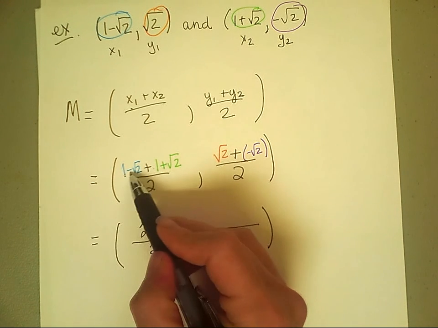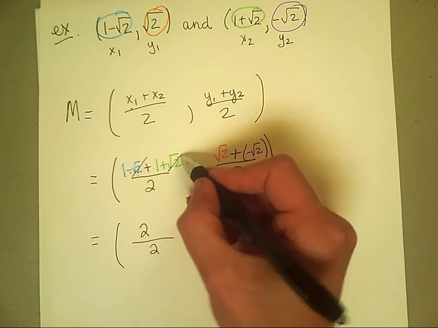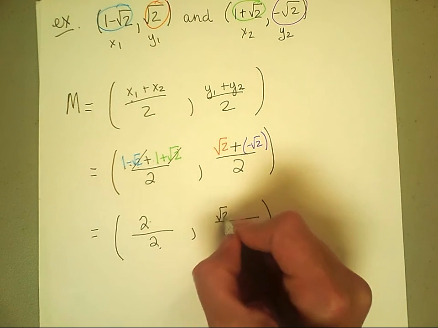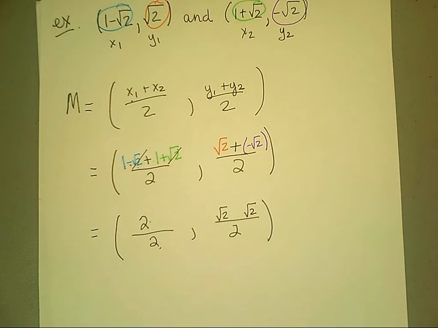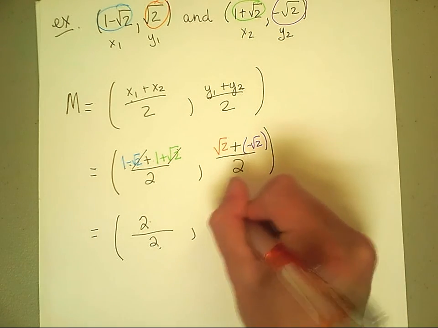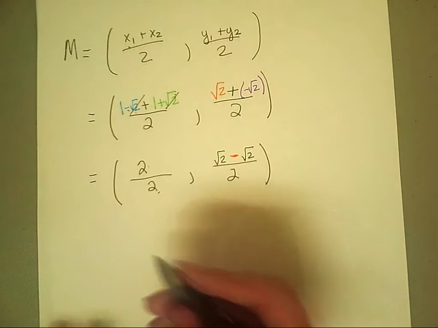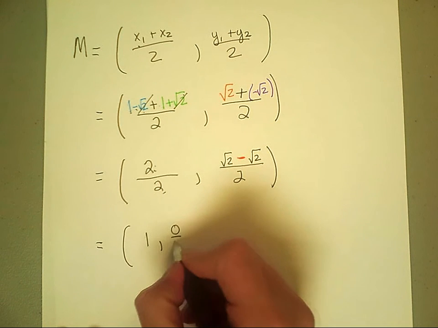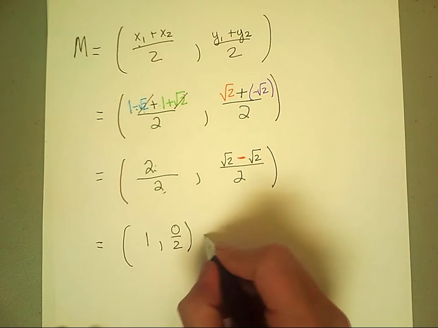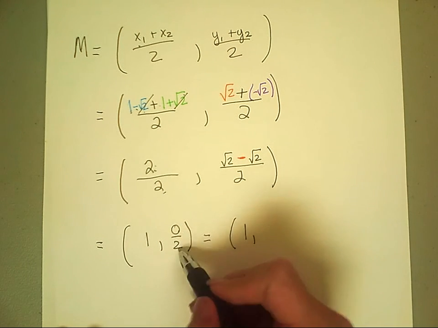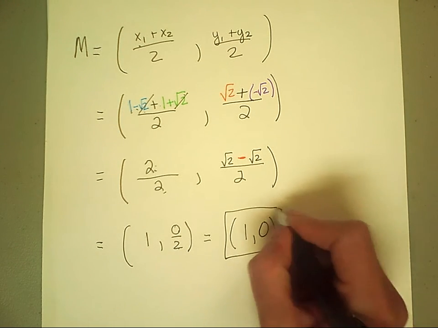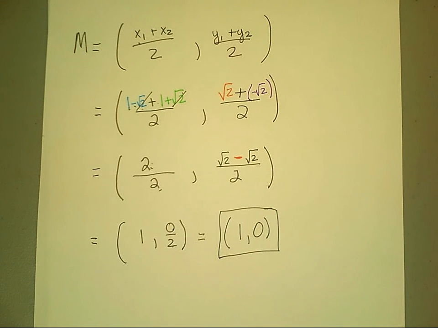If I collect like terms, I have 1 plus 1 is 2. Minus the square root of 2 plus the square root of 2 go to 0. So 2 over 2. That was very nice. Now remember here we have the square root of 2 and we have negative square root of 2, but adding a negative is the same thing as subtracting. So this is equal to, well, 2 over 2 is just 1, and here we have 0 over 2, and that can be simplified. Well, 0 divided by 2 is just 0. Okay. So this is our midpoint.